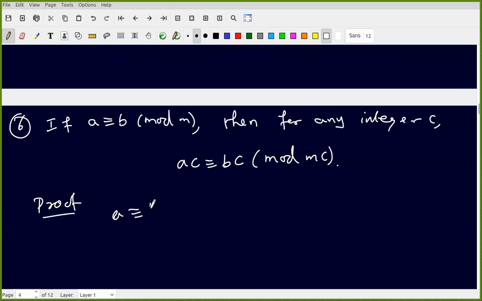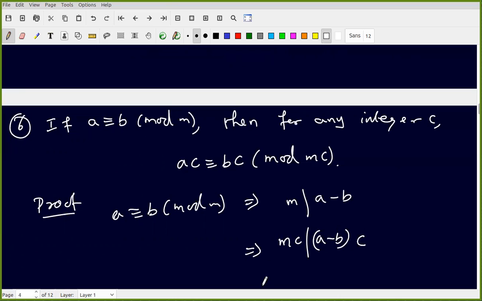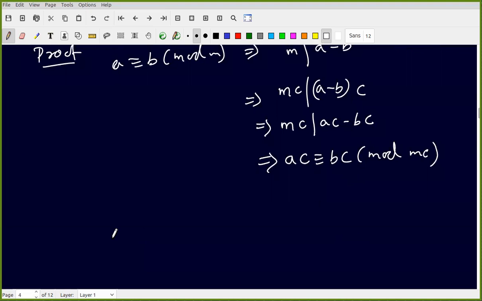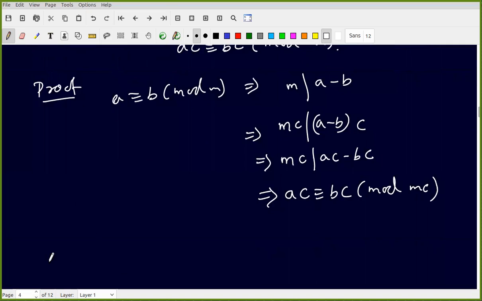A congruent to B modulo M means M divides A minus B. Then with both the divisor and the dividend, you can multiply by C, A minus B into C. This is a division property. So MC divides AC minus BC. Again using the definition of congruence, AC is congruent to BC modulo MC. And also one can cancel the C throughout the relation if C is non-zero. So that is the next property.